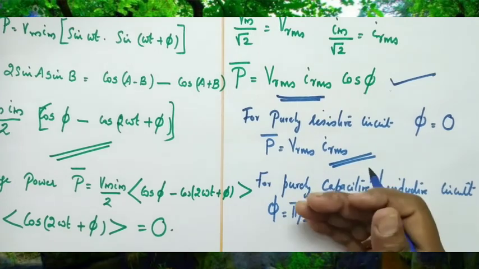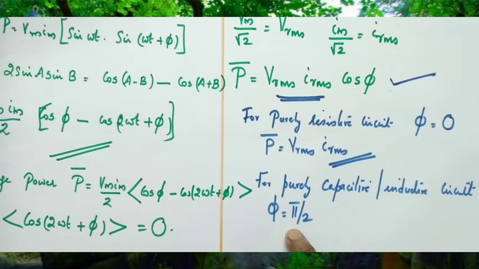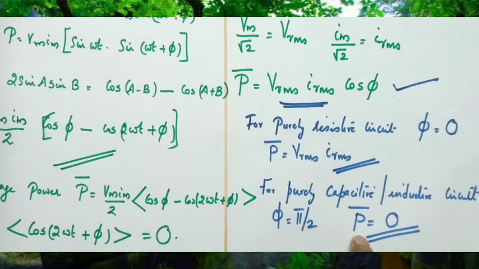In a capacitive circuit, current leads, and in an inductive circuit, current lags by pi by 2. Anyway, the angle between voltage and current is pi by 2. So, what is the average power there? Average power equal to 0. This also we have already discussed. So, in a purely resistive circuit, average power is Vrms Irms. In a capacitive circuit, average power is 0. Clear, children?